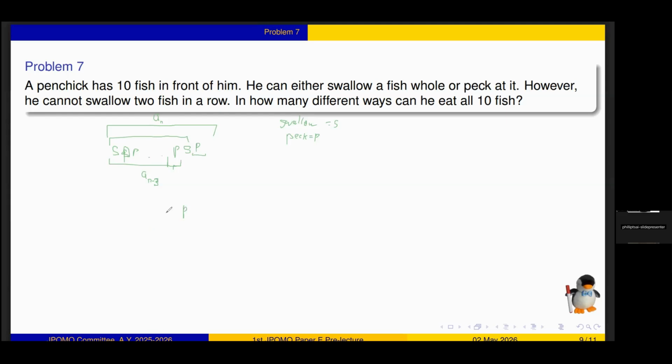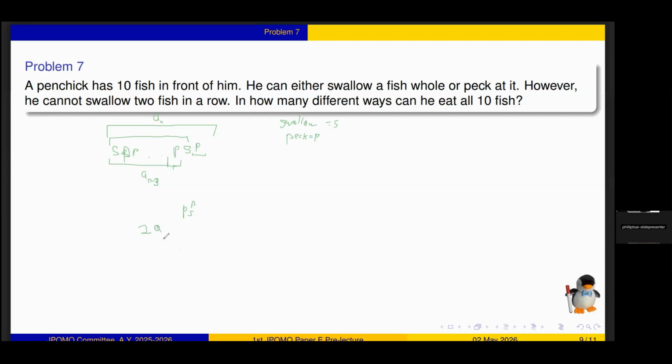So it can be either a P or an S. So this is basically two times, since you have a P and S, the number of ways.